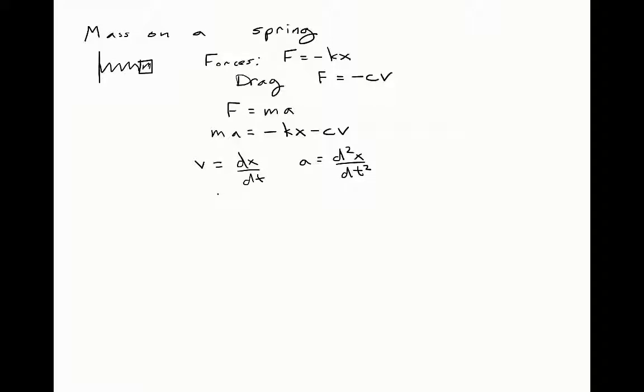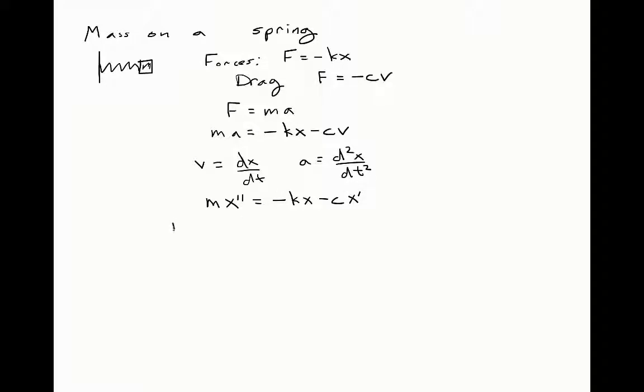So we can rewrite this equation. Here I'm going to use that prime notation where I'm substituting for acceleration. I'm writing x double prime because that means the second derivative. All right, we leave this x alone. And this velocity I'm going to replace with x prime because that's the first derivative of x with respect to time.